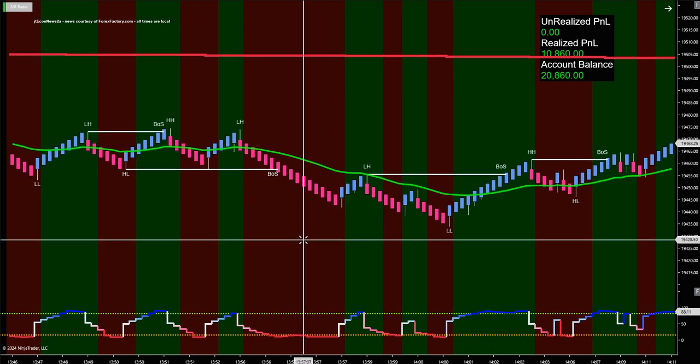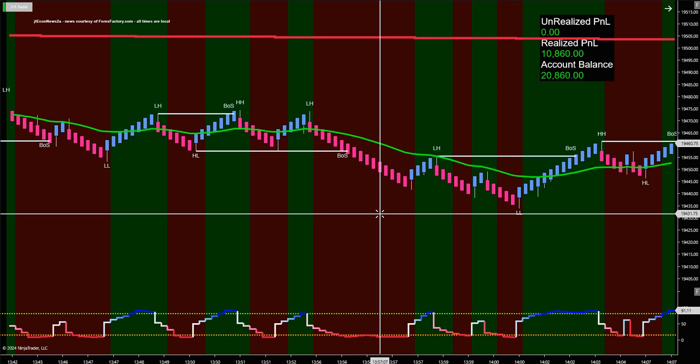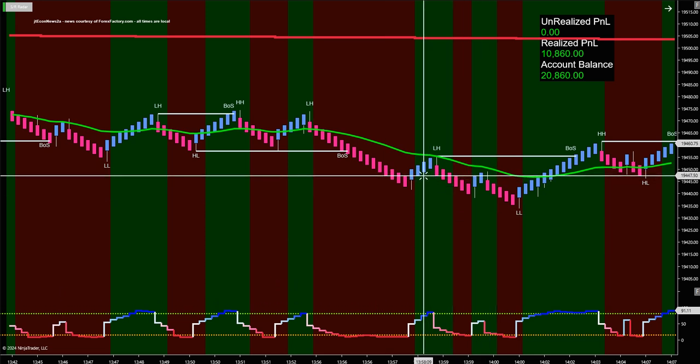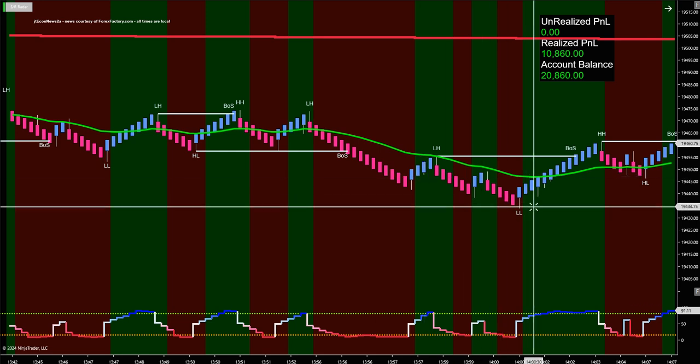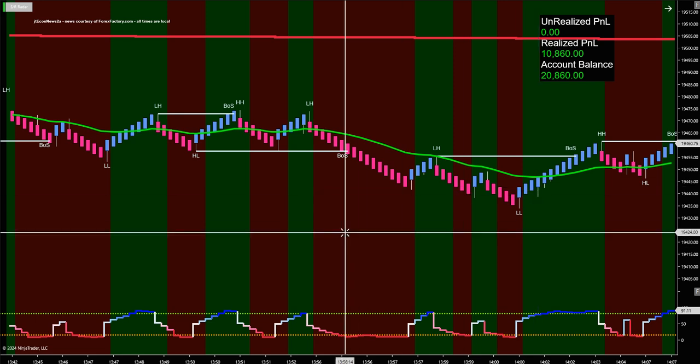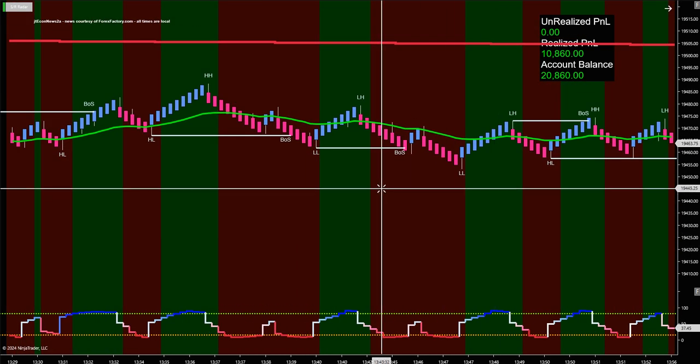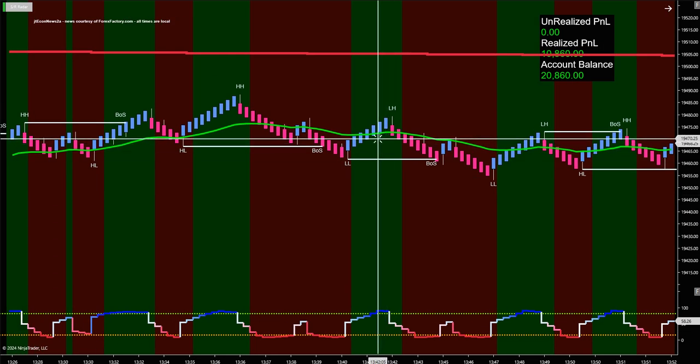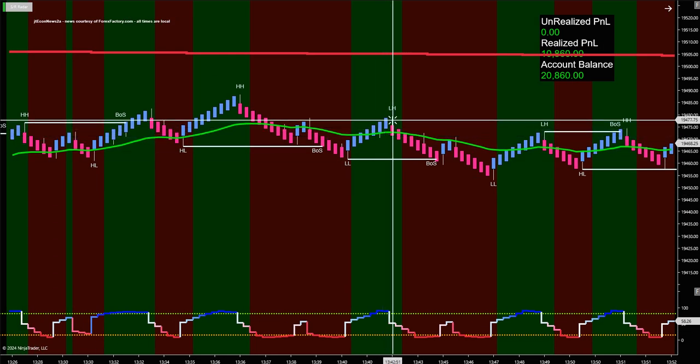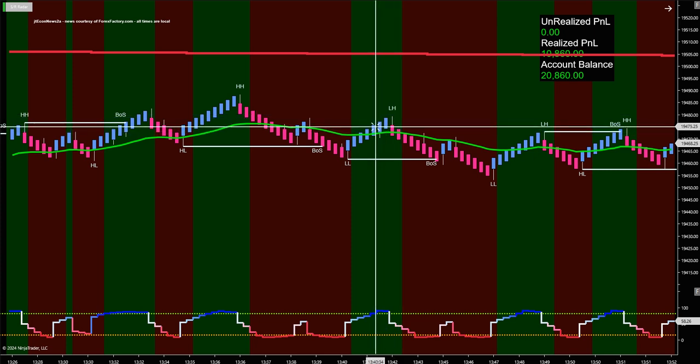Let's find some more. Like these little wicks, you really don't want to take those. You're looking for these longer wicks like this. See, I would have taken this one somewhere in here.